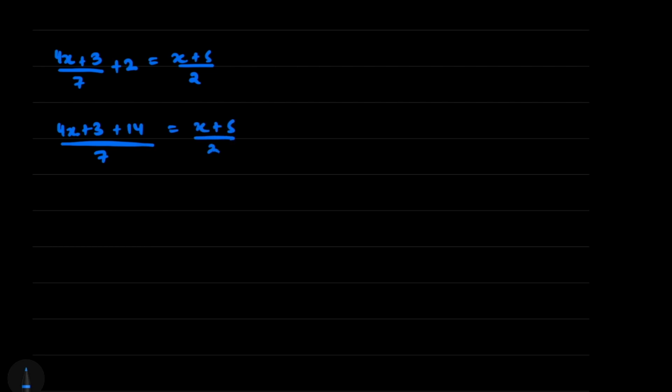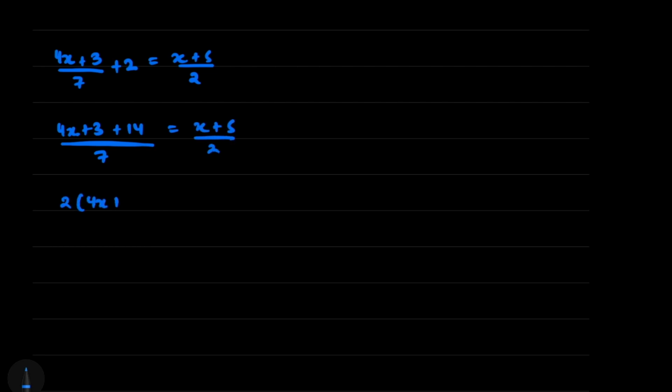Let's try another one. So we have 4x plus 3 by 7 equal to, because this is our equation. We'll first get rid of the denominators in each. Let me just write this down. Plus 3. We'll take 7 as a common denominator, that will become 14. And then we have x plus 5, 2. We'll cross multiply.